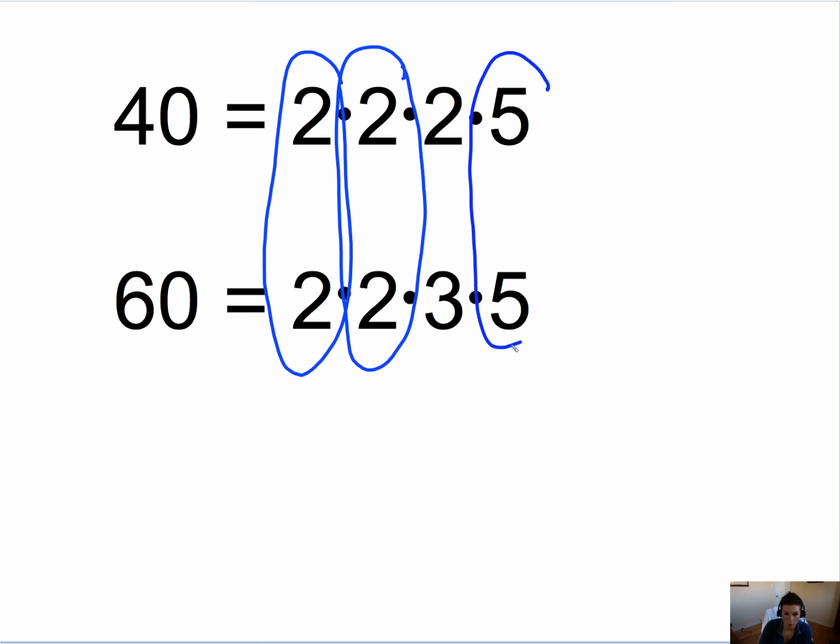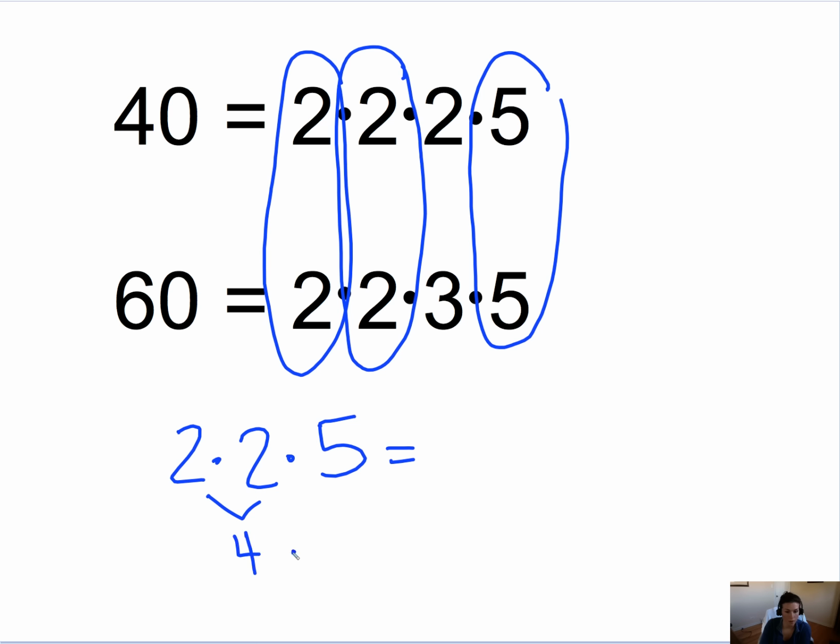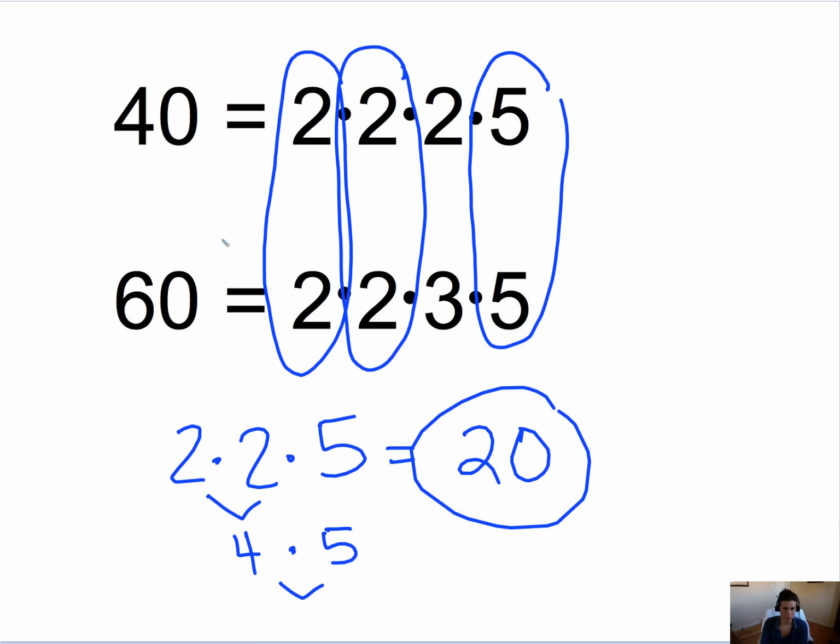But then they both have 5, so I circle that. So what they have in common is 2 times 2 times 5. In order to figure out the greatest common factor, I need to multiply these numbers. So 2 times 2 is 4, and then 4 times 5 is 20. That means that the greatest common factor for these two numbers is 20.